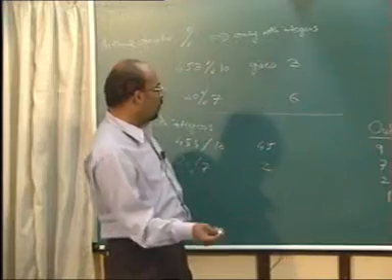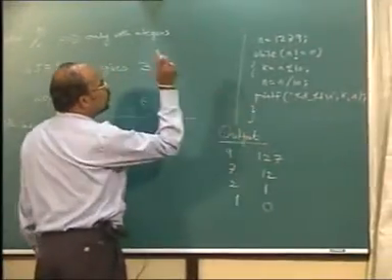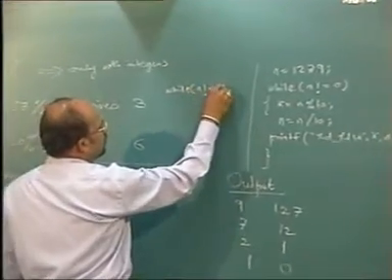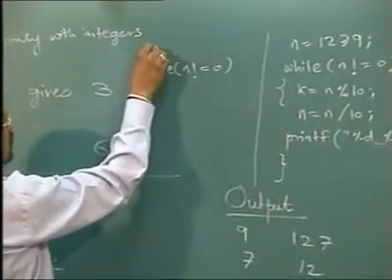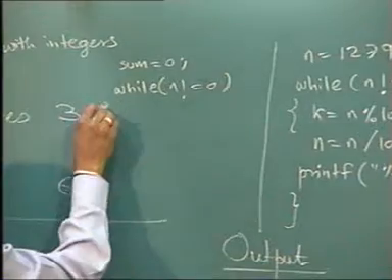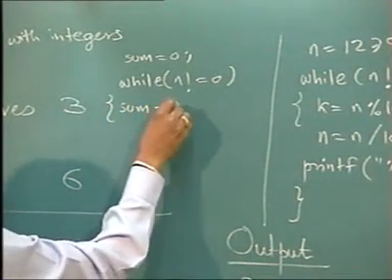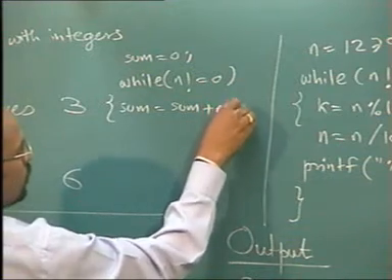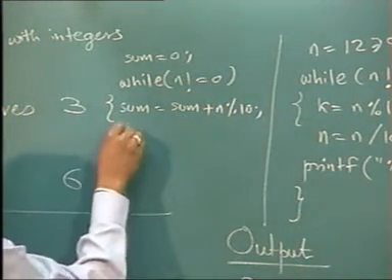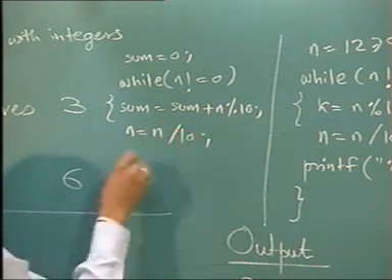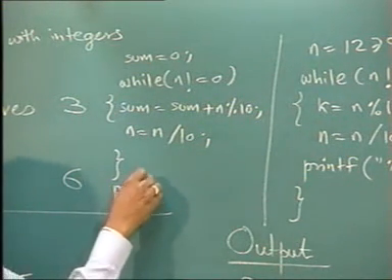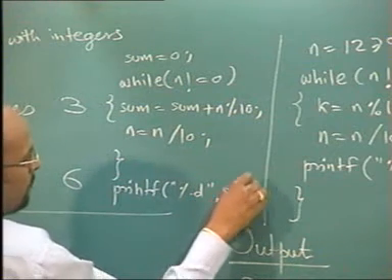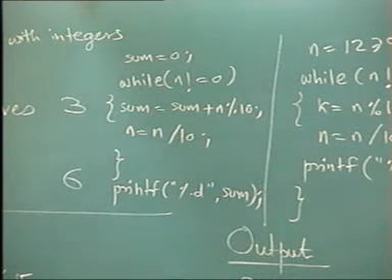So when I go for some code like this, for the same n, can somebody give me the output?